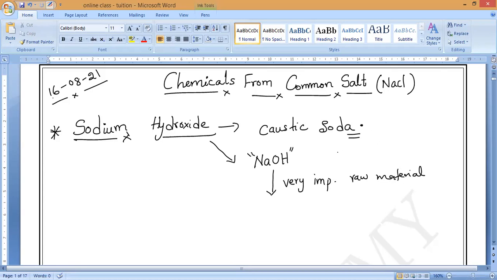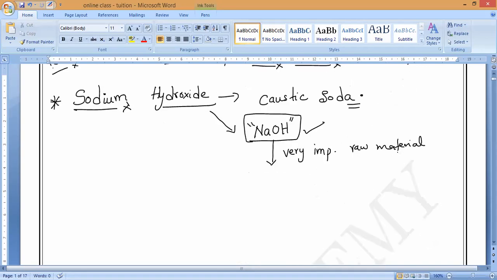If I want to manufacture many chemicals, then this NaOH is used as a starting material or raw material for manufacturing other chemical compounds. So we will study the uses of this NaOH. Because of the large importance of NaOH in manufacturing other chemical compounds, we have to produce it on a very large scale.